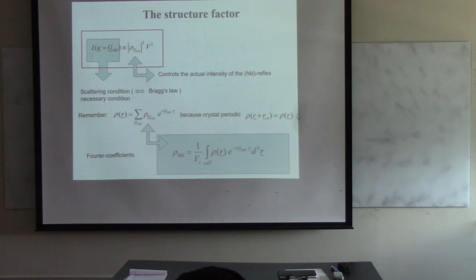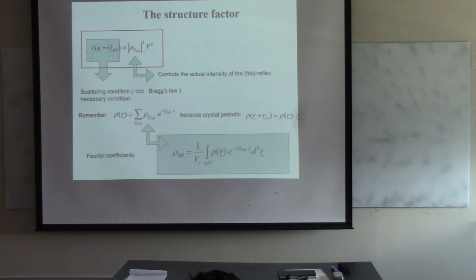Then, if you remember from the first few classes, since these are periodic atoms, we can always write rho r is basically rho r plus t, right? That's the translational symmetry. So we could write this as rho g times e to the i g dot r, for different g vectors.